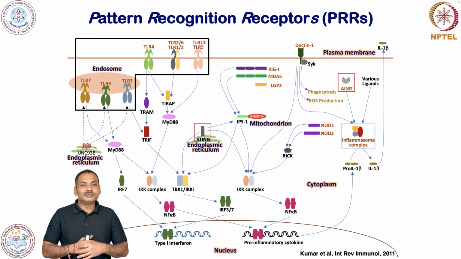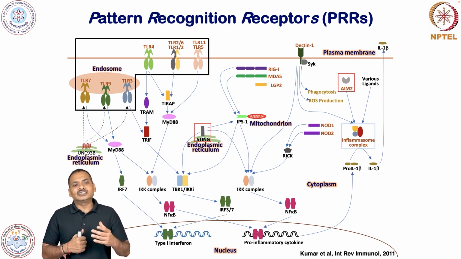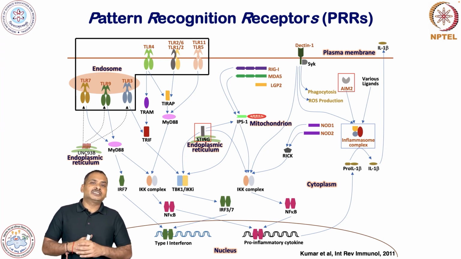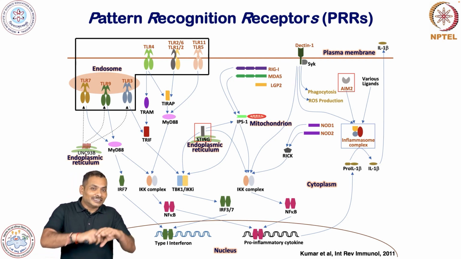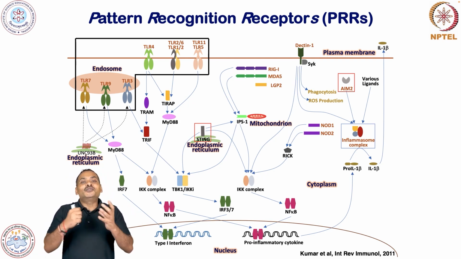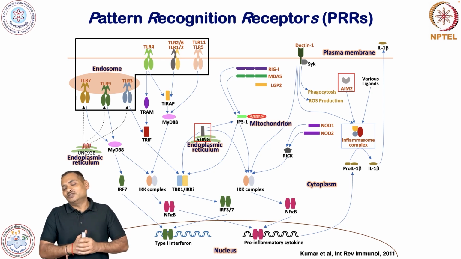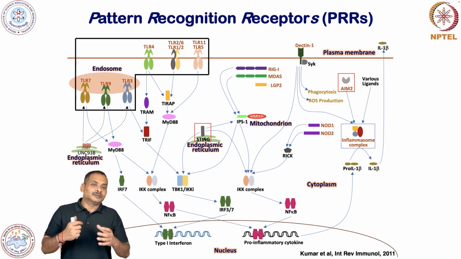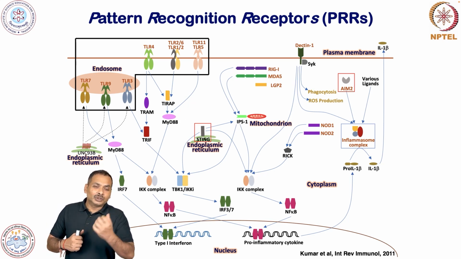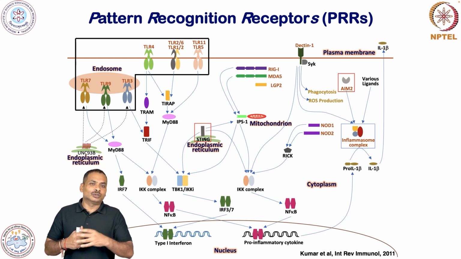And here you can see that TLR7, 9, 3 and 8 are expressed in the endosome. Here I did not show it. These sensors basically sense the PAMPs in the endosome, and this is very interesting, right? Many of these viruses are basically endocytosed through the phagosome.